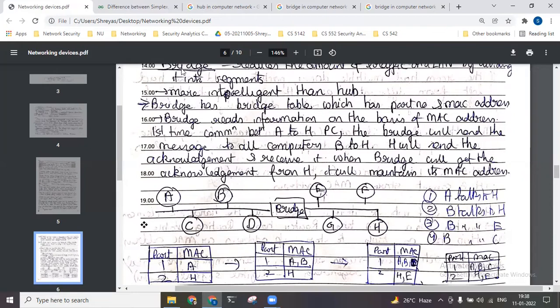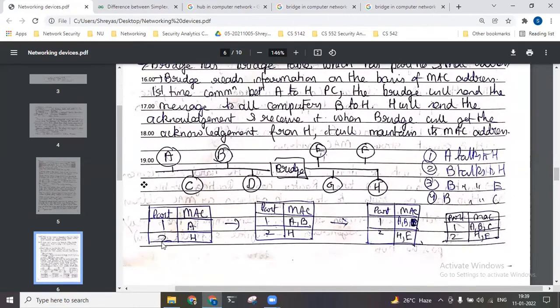And how does this work? Suppose the first time PC A wants to talk with PC H, the first computer wants to talk with the last computer. Now PC A is on the first collision domain and PC H is on the second collision domain. So the bridge has its own bridge table. In this bridge table there will be two ports, as I told, port 1 and port 2.